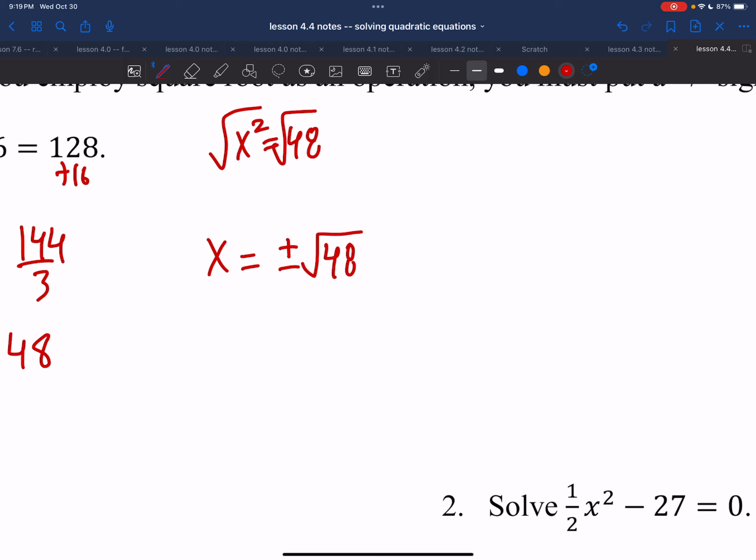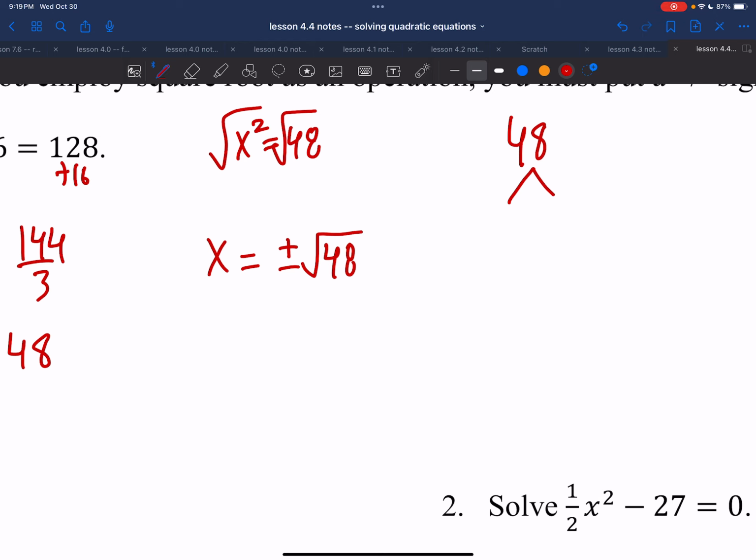48's in a square root. So I'm going to think, okay, you're going to simplify this. There's a lot of ways you can do this. Remember, if you want to check out simplifying, check out lesson video 4.3 for a review on that. Because you could do prime factorization or you can look for perfect squares. It's kind of up to you how you do this, okay?